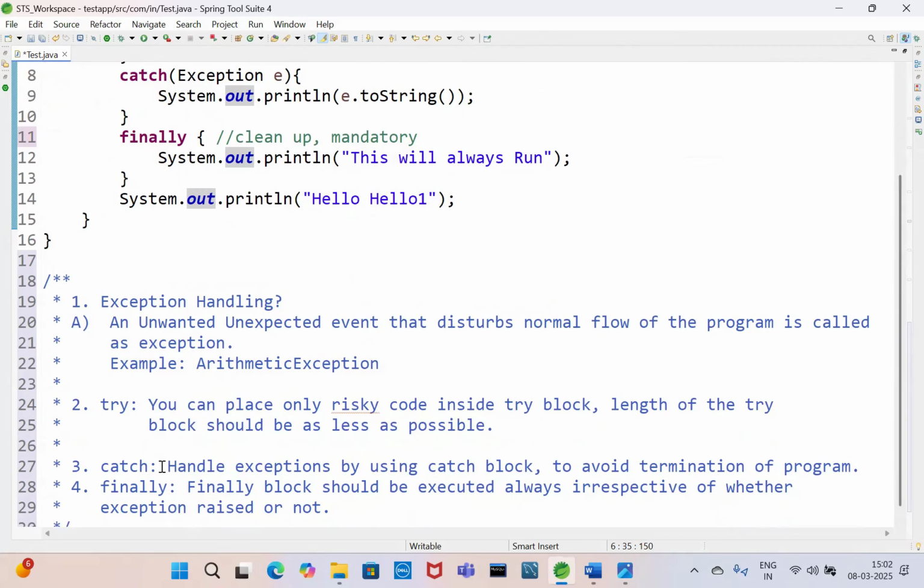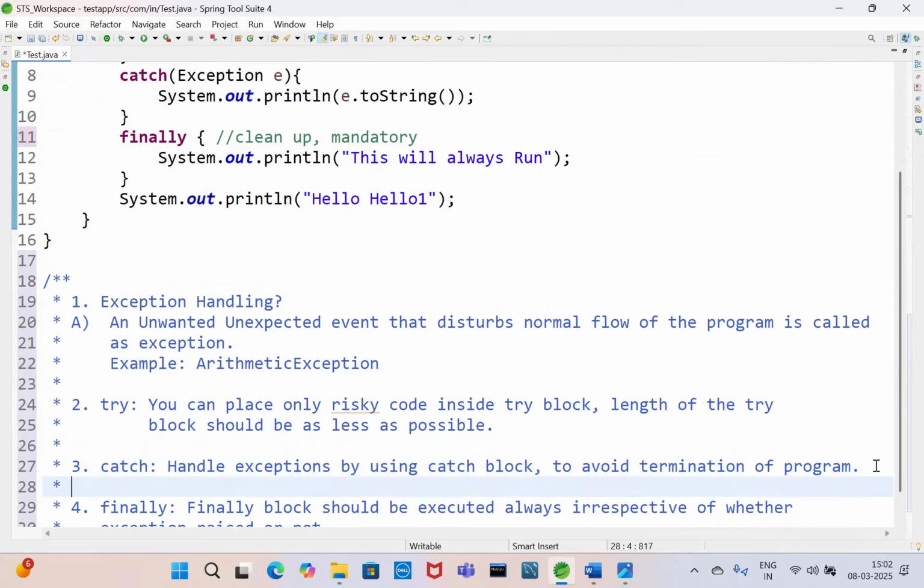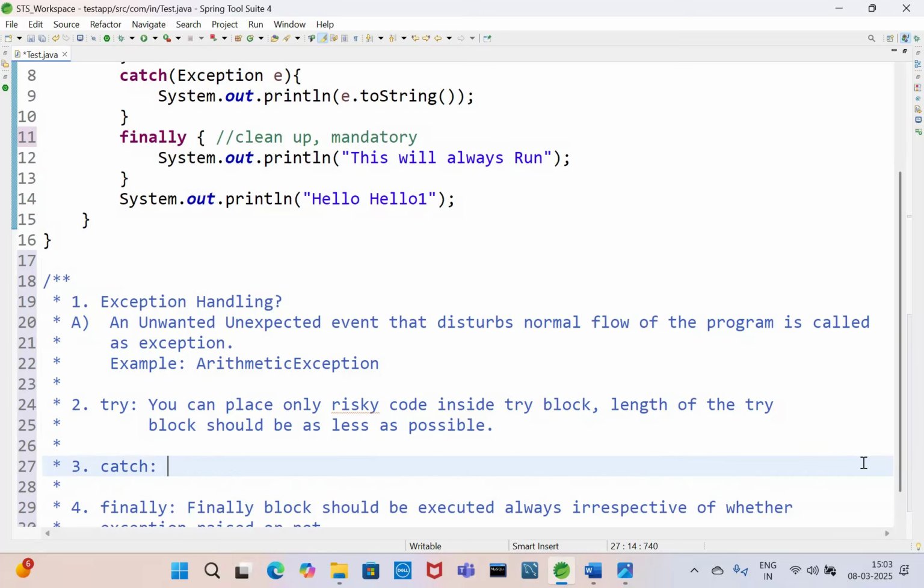Okay, what is the catch block? Handle exceptions by using the catch block to avoid termination of program. So by using the catch block, we are handling the exceptions. Here in catch, we are printing the exception information, like why this exception is raised, what exception is raised.